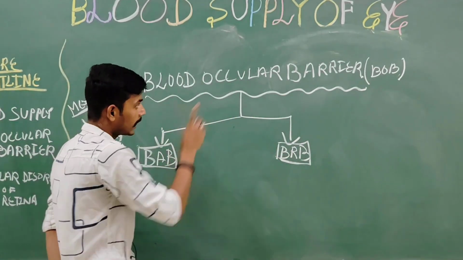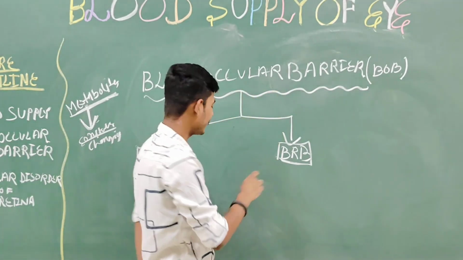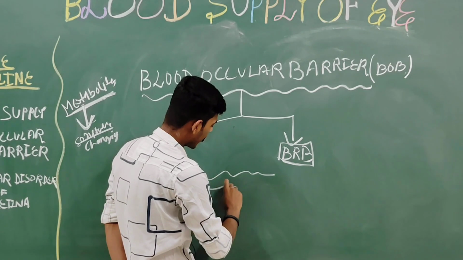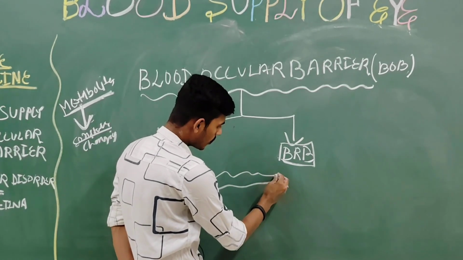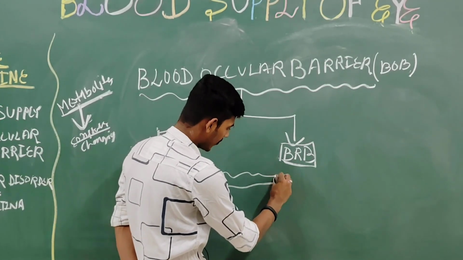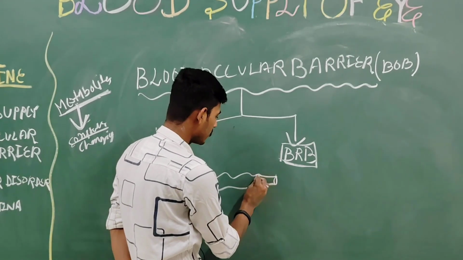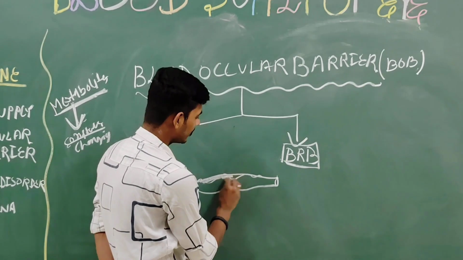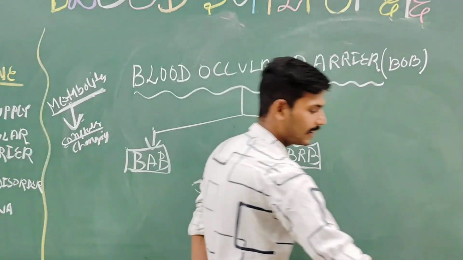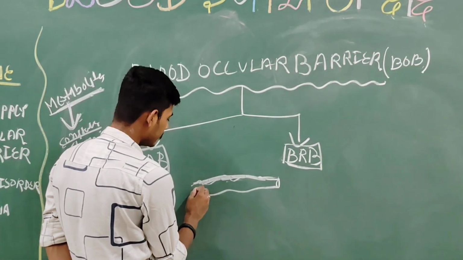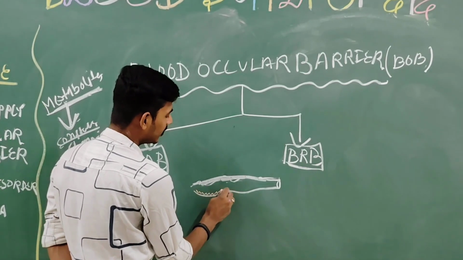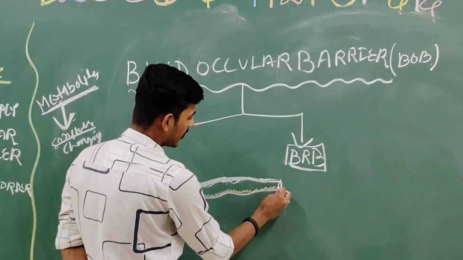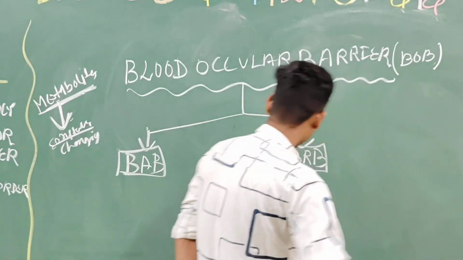As you have seen, there are arteries which are supplying the eye. The arteries are internally lined by endothelium, and they also have a basement membrane.